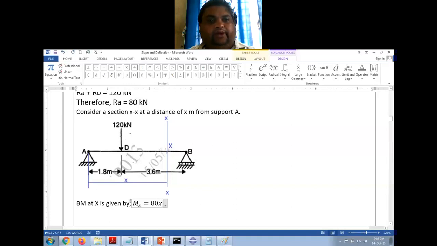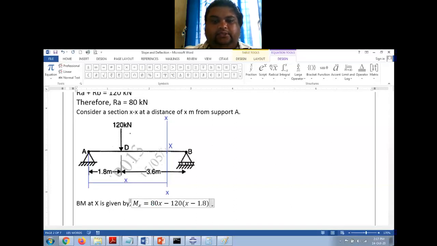And this is in downward direction, so this will be negative. Minus 120 into this distance, from D to X. So DX is AX minus AD. AX is X and AD is 1.8.